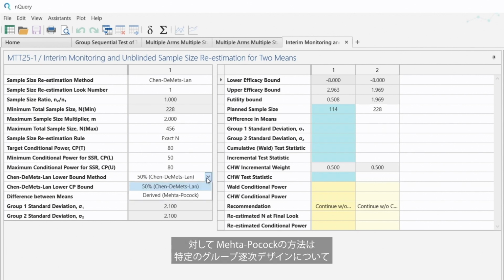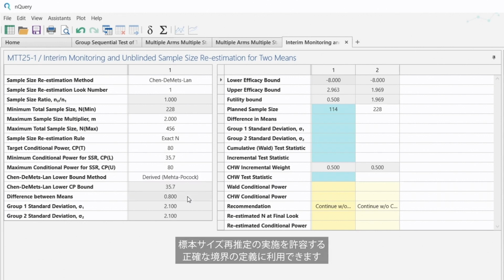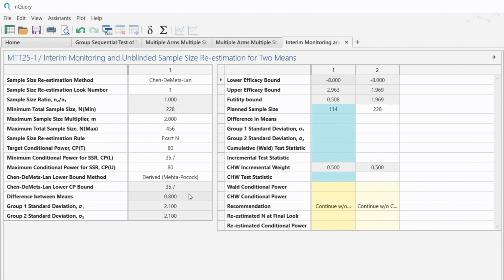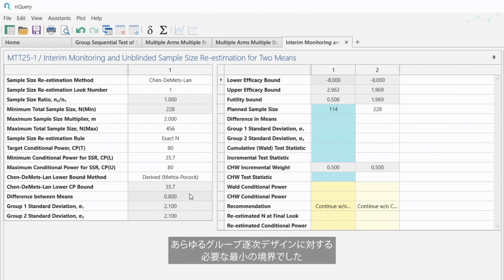However, work by Mehta and Pocock can be used to define the exact limit for a specific group sequential design above which you are allowed to do sample size re-estimation, with the previous 50% rule being the minimum band that you need for any group sequential design, whereas this is tailored to the specific design we're looking at today. You can see here that that's reduced from 50% down to 35.7%.